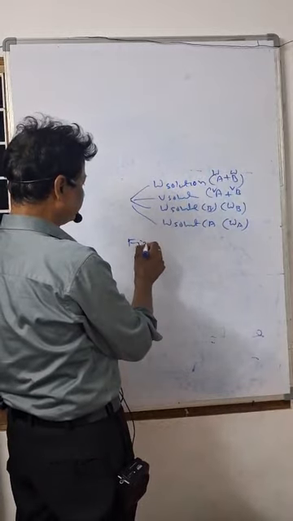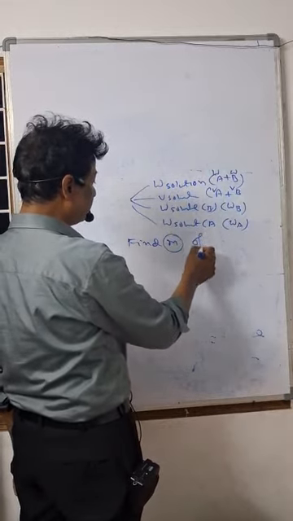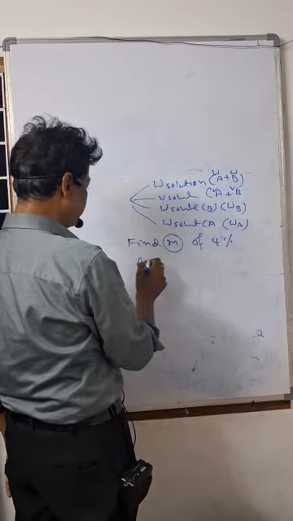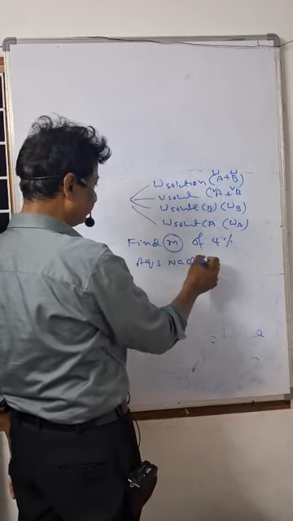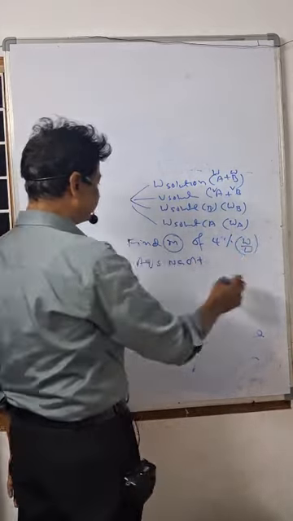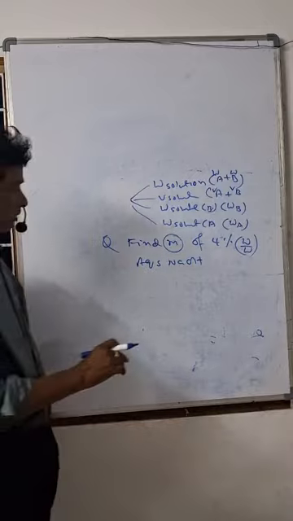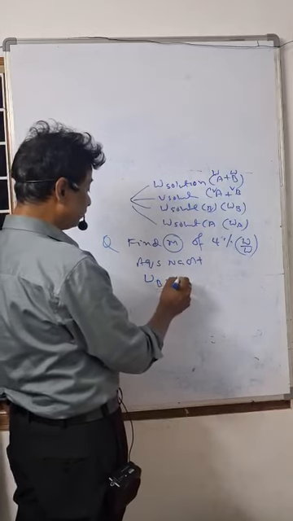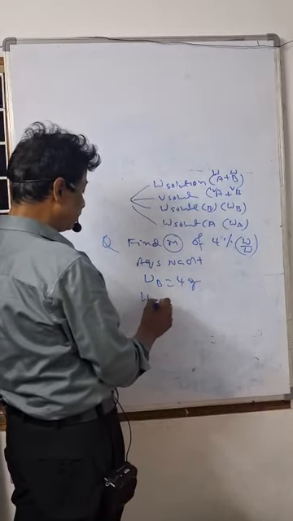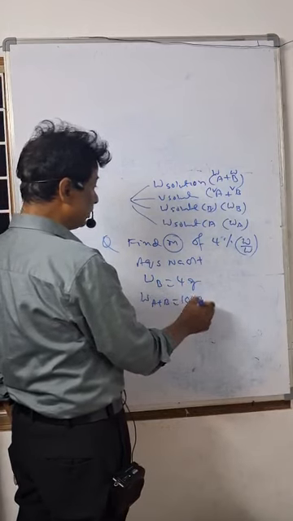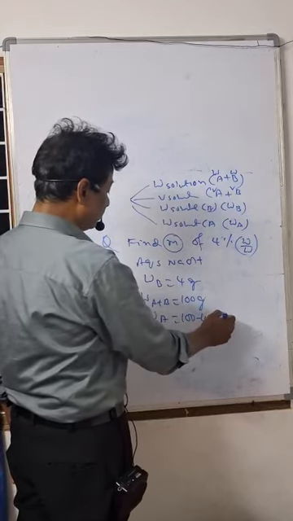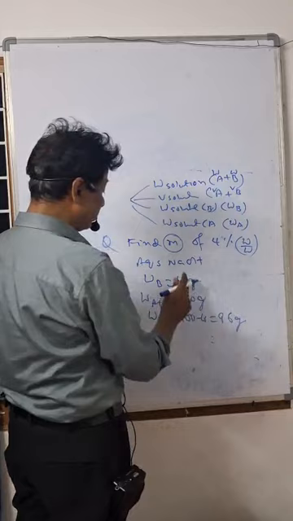Suppose: find the molality of 4% by mass aqueous NaOH. What is important? Weight of solute 4 grams, weight of solution 100 grams, so weight of solvent is 100 minus 4, equal to 96 grams.